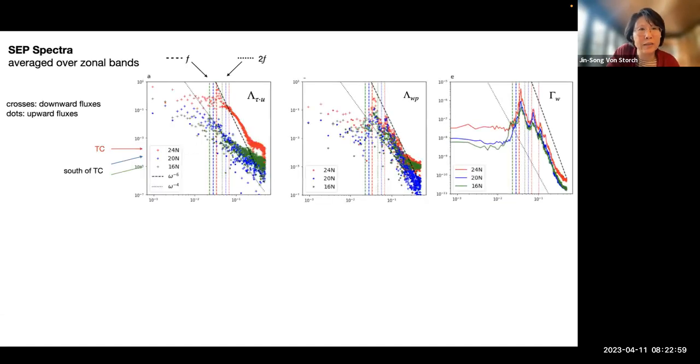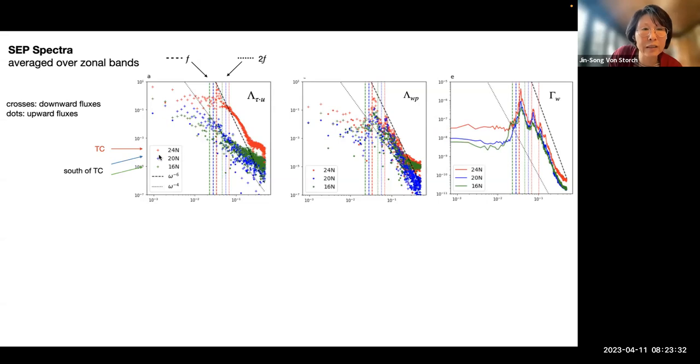And then I would like to move on to the spectral analysis. Here I show you the co-spectrum between wind stress and surface current, and between the vertical velocity and pressure at the bottom of the mixed layer, and then the power spectrum of the vertical velocity only. And these are spectra averaged over zonal bands, which are quite thin, about 0.2 degrees, and about 5 degrees long.